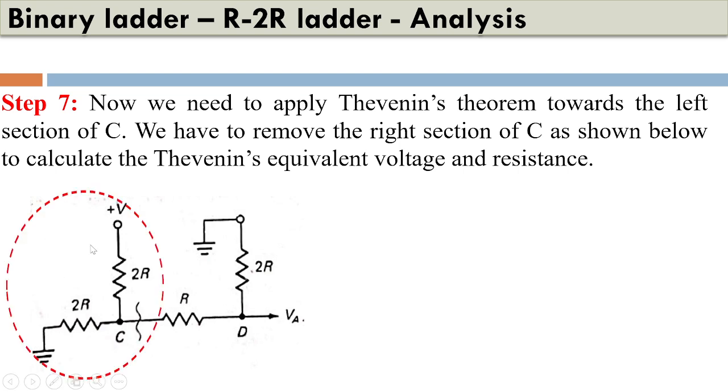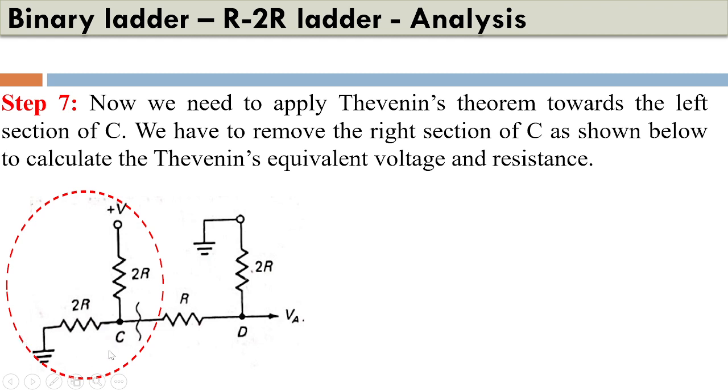First of all, the portion which is inside the circle will be severed from the right side, since this part is the load part and this part is the source part. We will sever this section and try to analyze the circuit under this.